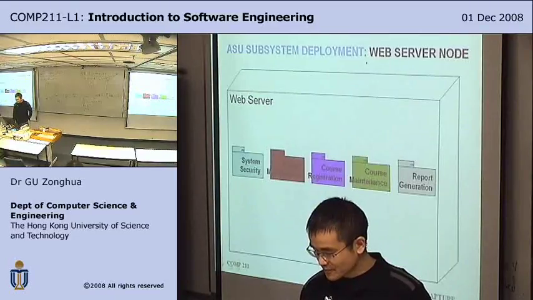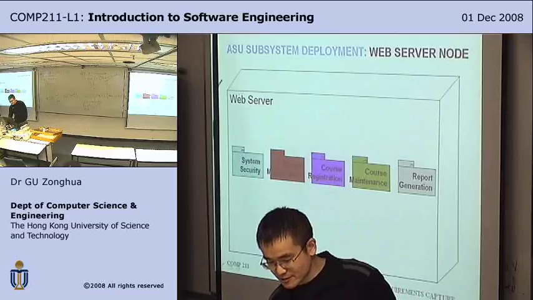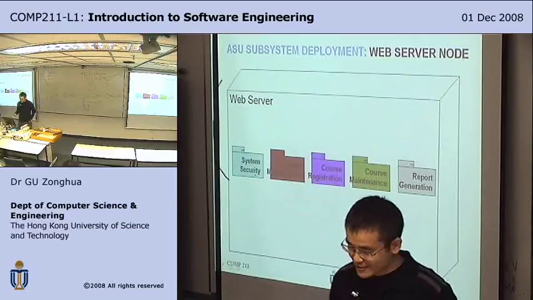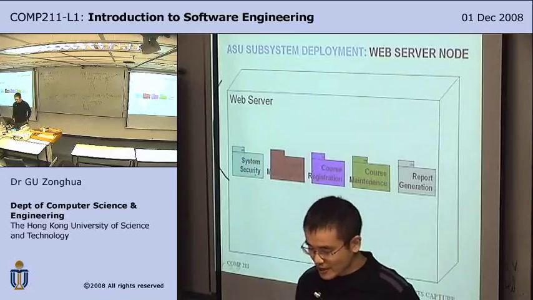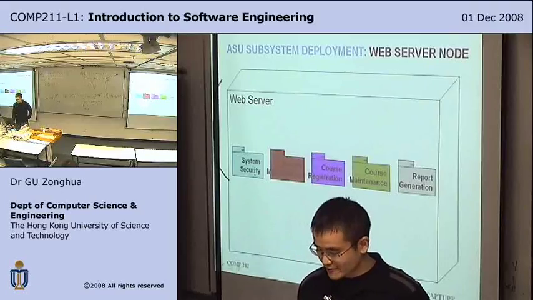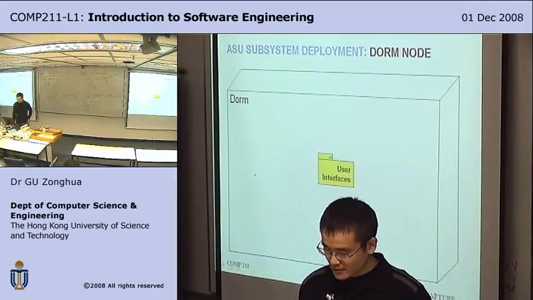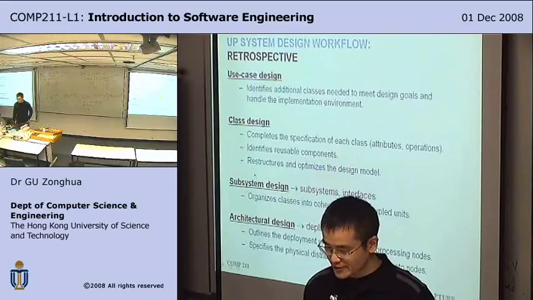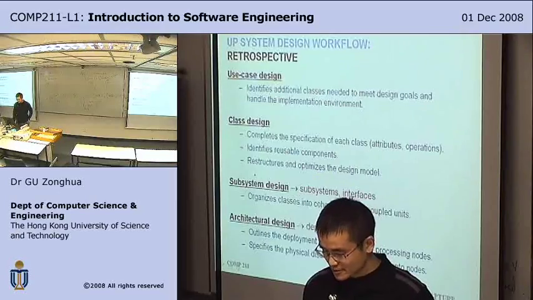So this is the web server box. You need to place the subsystems inside of this box to show that these are executing on the web server. This is the subsystem running on the Durham computer.